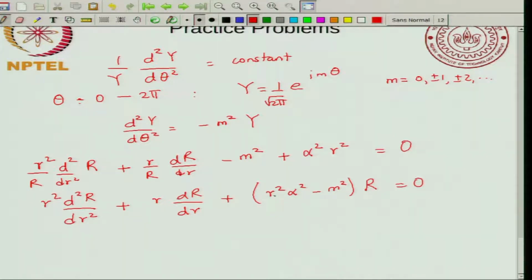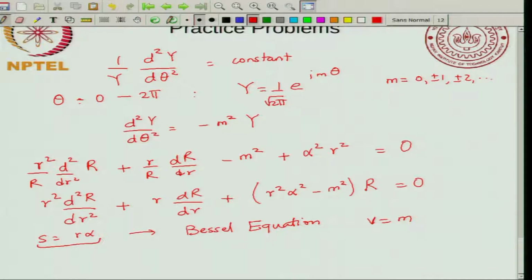If you want, you can make a change of variables and put s equal to r alpha, you do not have to do it, but if you do that, then you can immediately see that you will get a Bessel equation with v equal to m.